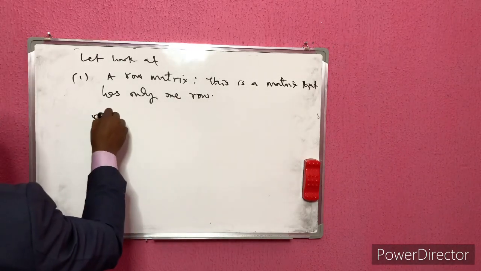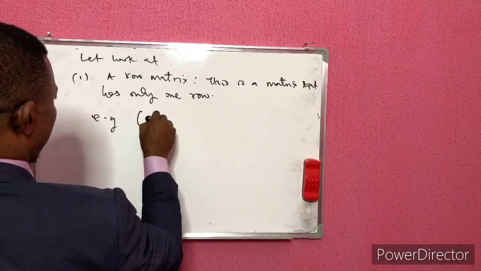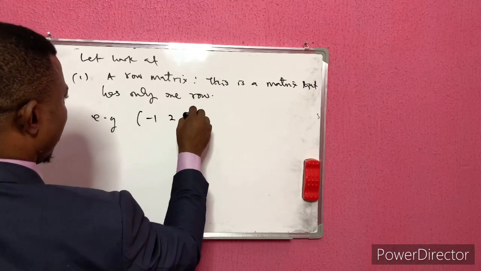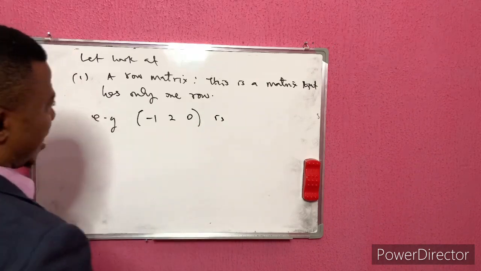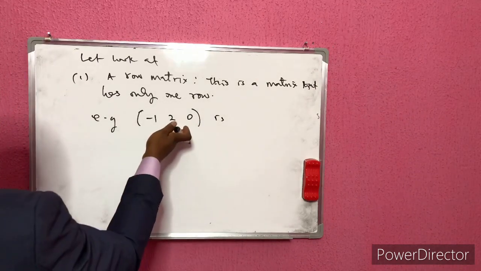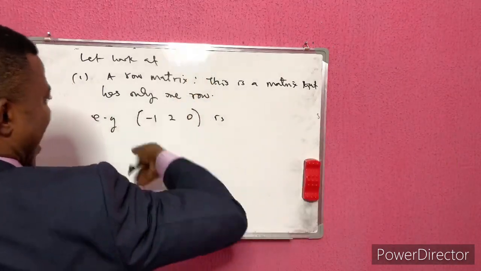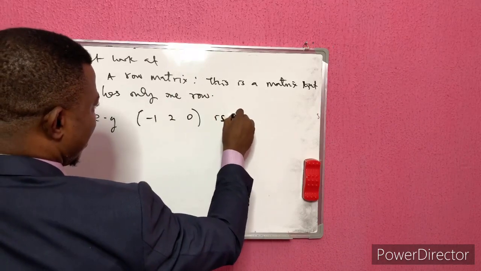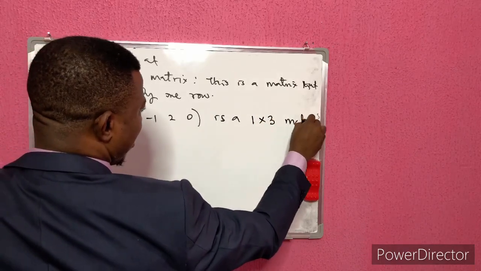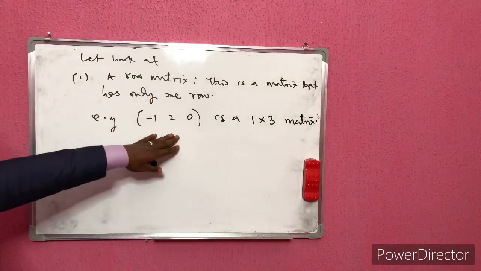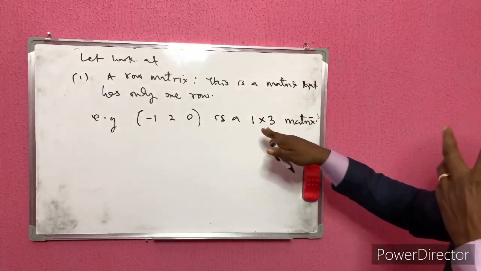For example, -1, 2, 0 is a row matrix, and what is the order? Remember, you name the row before the column. That is 1 row and 3 columns. So this is a 1 by 3 matrix. So this is an example of a row matrix. A row matrix has only one row.